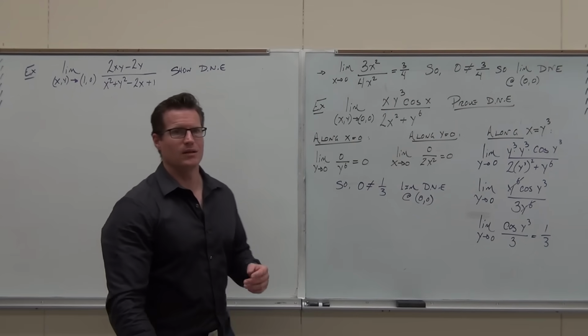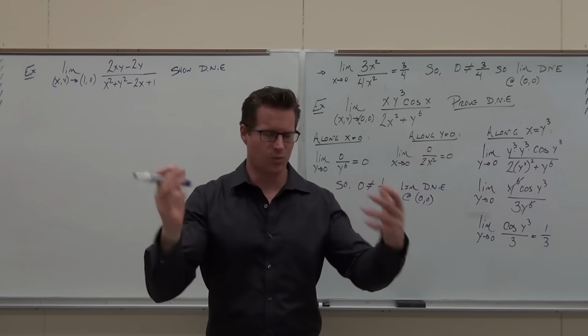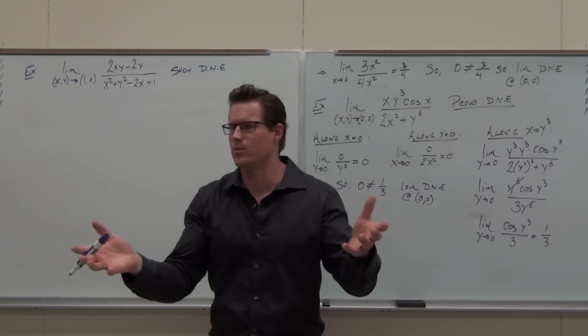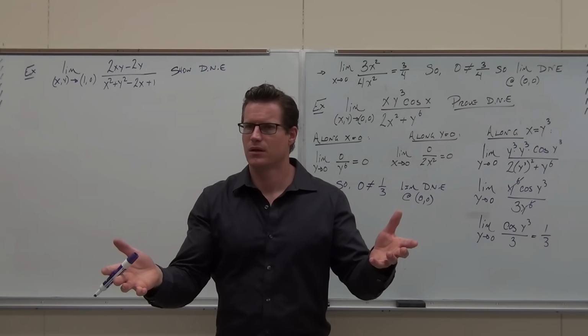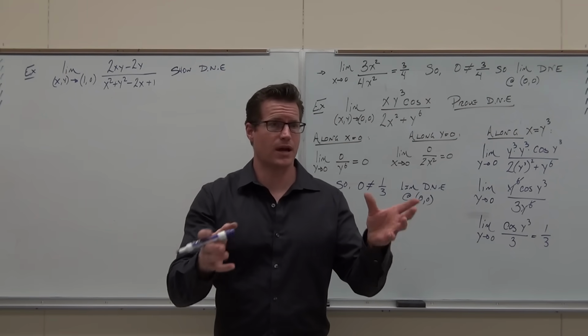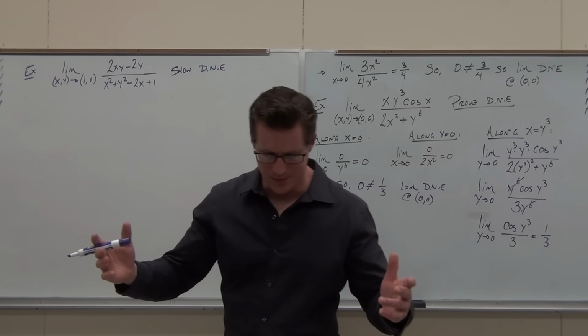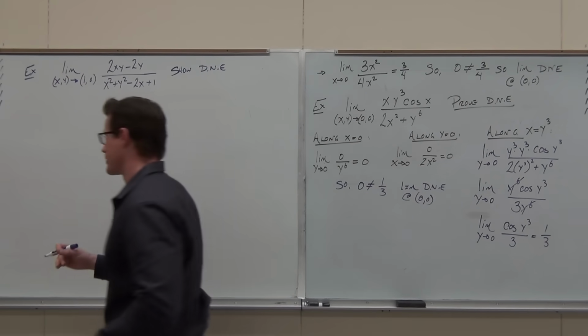Everyone in class right now, what path do you use at least? What path do you use? You use at least one of these all the time. What is it? Well, either one. Either x is 0 or y is 0. So pick one. In this case, I think I did y equals 0.